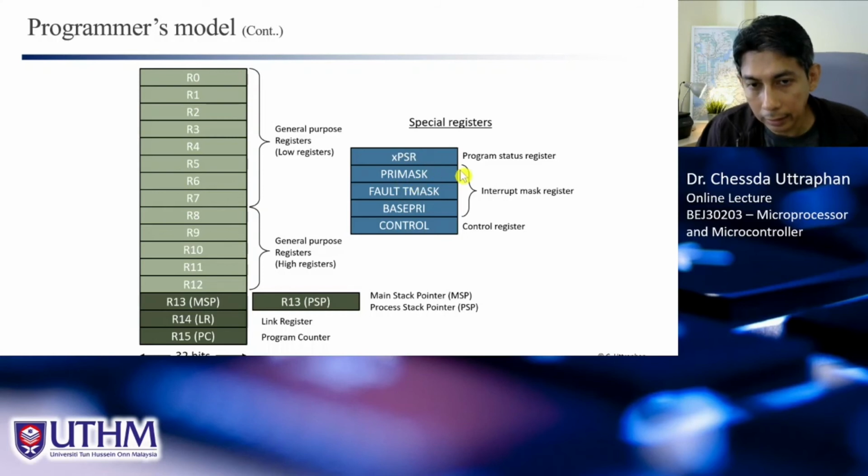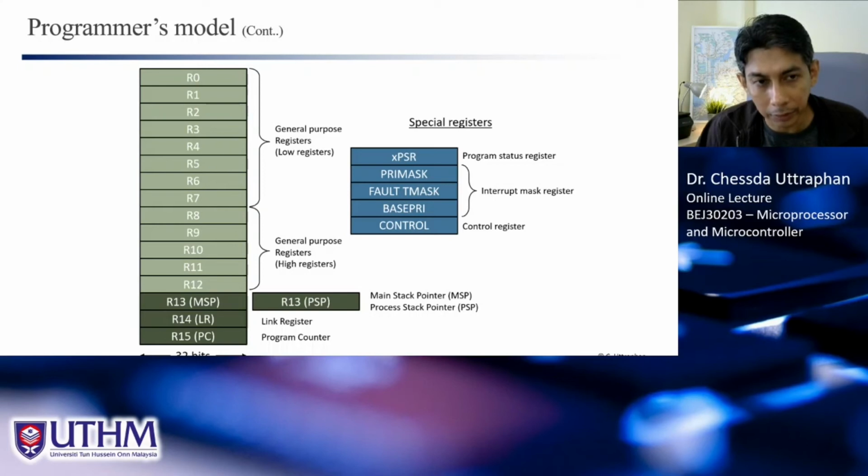And the next is this group. This is mainly for the interrupt mask register. What is an interrupt mask and what is an interrupt? We will learn in detail in chapter 5. Interrupt is just like the name suggests. It means that we interrupt the microprocessor at some point while it is running the program.